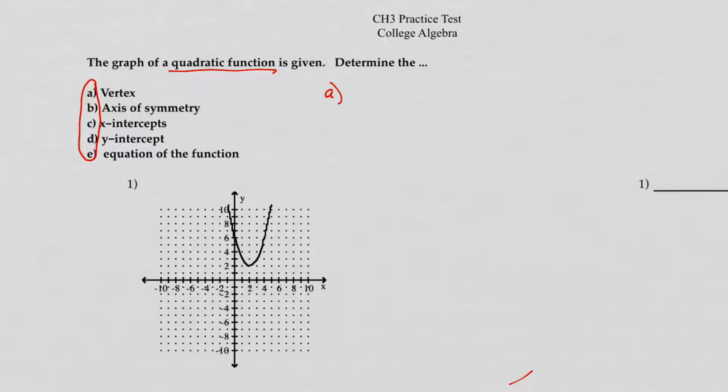A is the vertex, and that will be right there. As you can see, that is 2, 2. And next we have the axis of symmetry, so that would be the x-coordinate of that vertex.